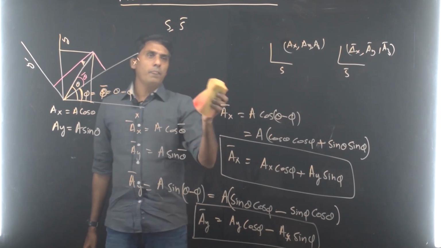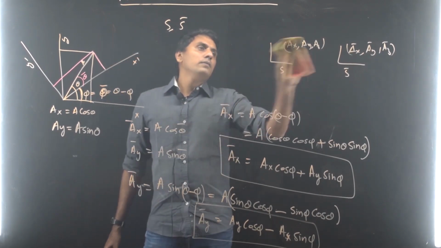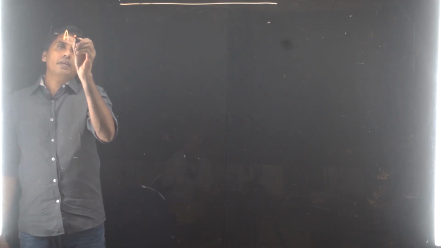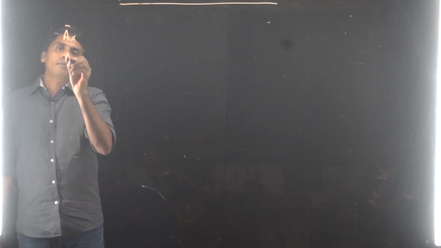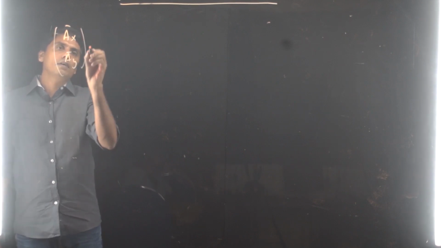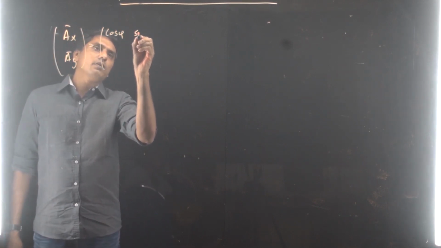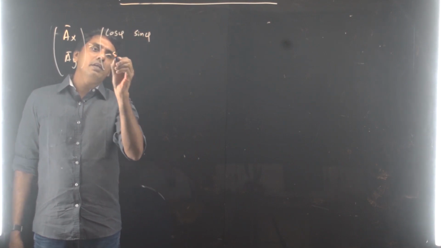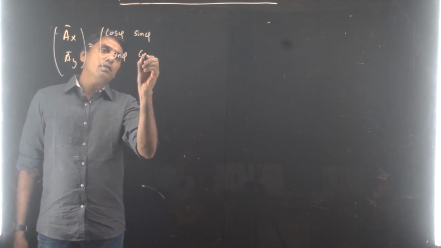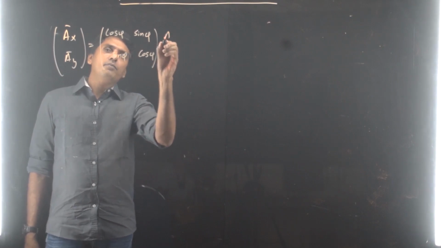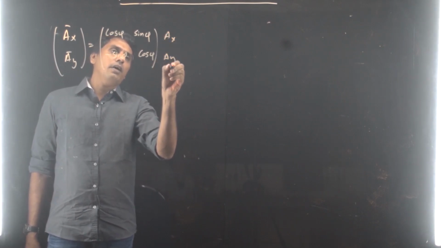So now what I can do is write it in the matrix form: Ax bar, Ay bar is equal to the matrix with rows cos phi, sin phi and minus sin phi, cos phi, multiplied by Ax, Ay.